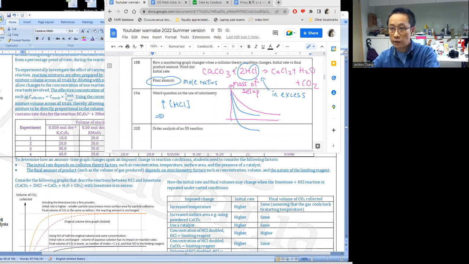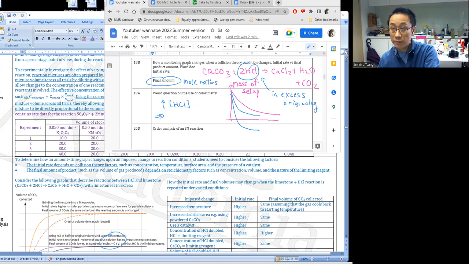The HCl was in excess at first. So doubling the concentration of the acid will also correspond to more moles of acid present, simply because moles equal concentration times volume. Having more moles of acid here will not cause more mass to be lost, simply because the acid was already in excess.